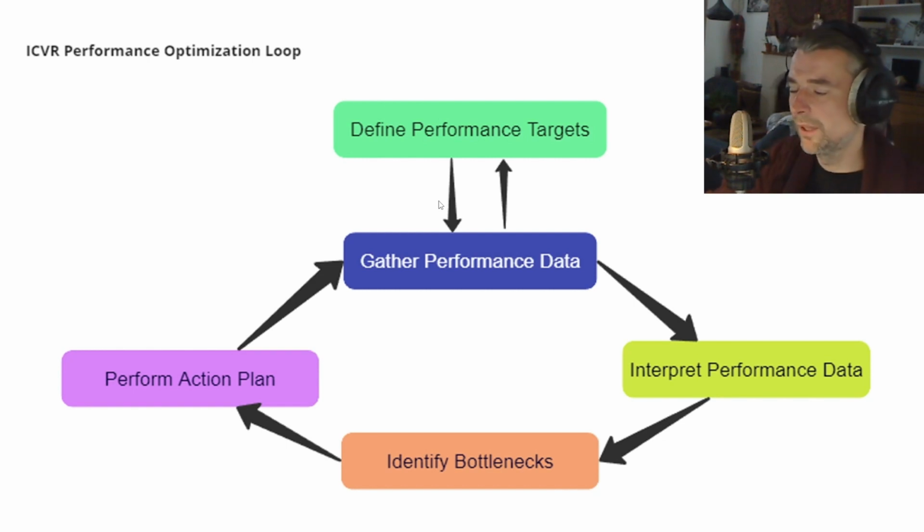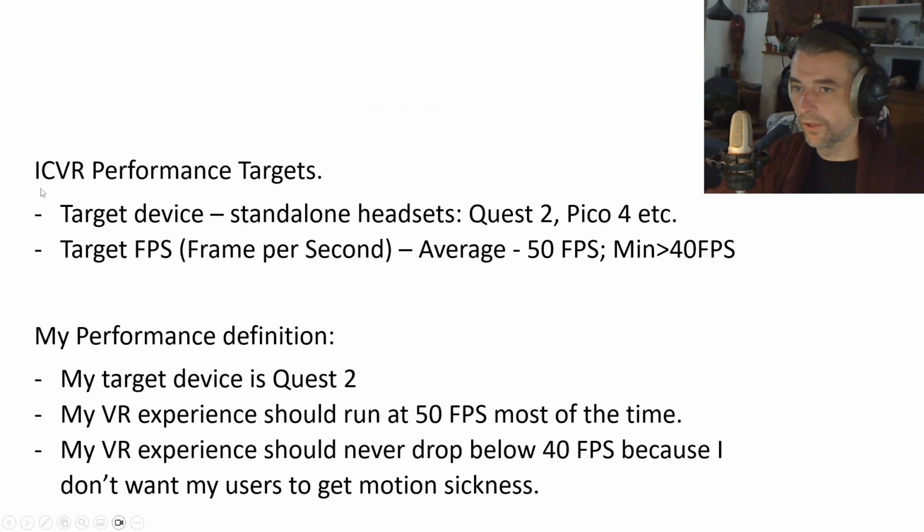So you might ask me how I can define the performance targets. I'll make it easy for you. I'll show you how I define mine. You can follow along. So here are my ICVR performance targets. My target devices are standalone headsets like Quest 2 or Pico 4.